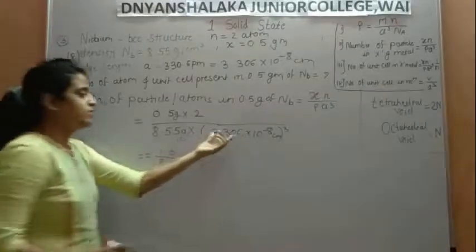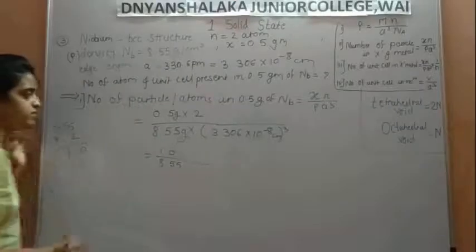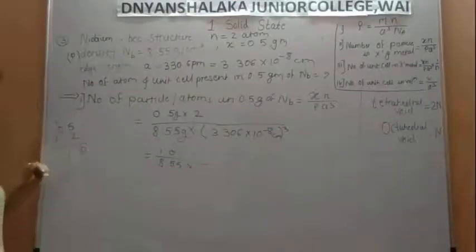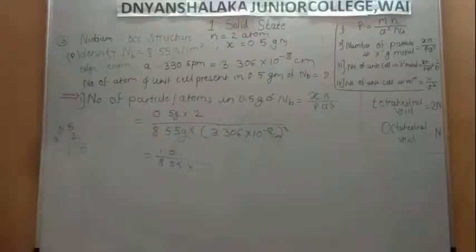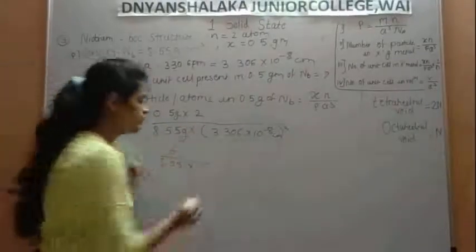we calculate this cube: 3.306 into 3.306 into 3.306. This value is multiplied 3 times.